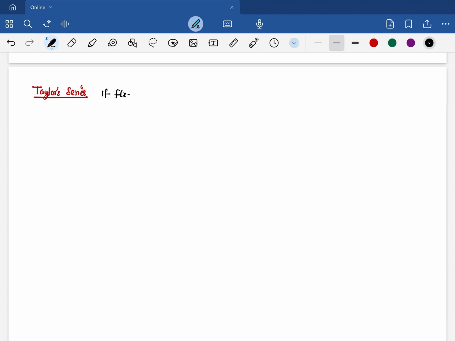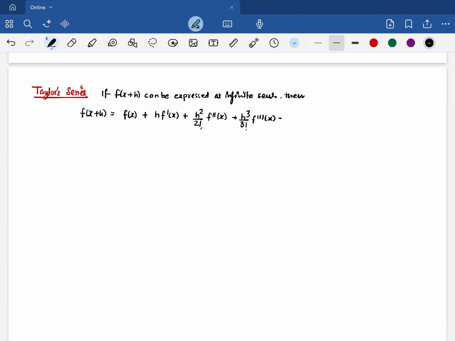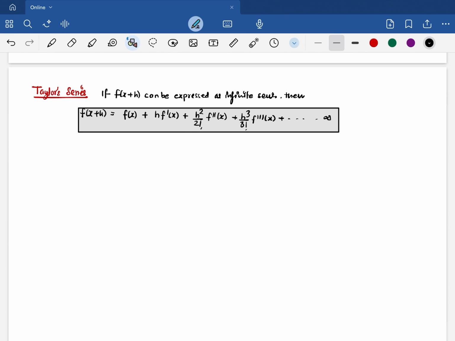If f of x plus h can be expressed as an infinite series, then the Lagrange's form of remainder becomes 0, and Taylor's theorem is converted to Taylor series like this. f of x plus h is given as f of x plus h f dash x plus h square upon 2 factorial f double derivative of x plus h cube upon 3 factorial f triple derivative of x, and so on to infinity. So this is Taylor series.